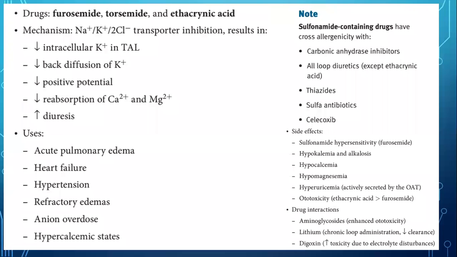But instead of these sulfonamide containing drugs, they may use ethacrynic acid. Ethacrynic acid is also used as a drug, in order to avoid this allergenicity. Thiazides can also have allergenicity too.